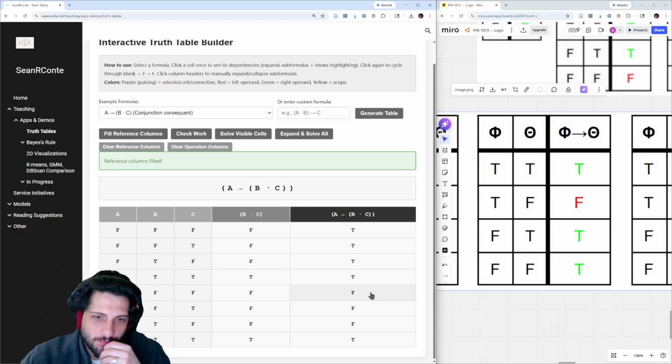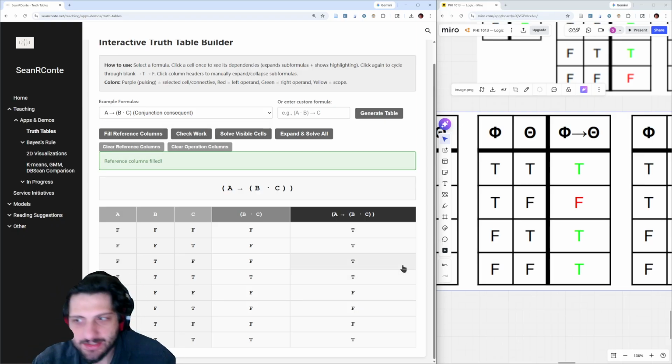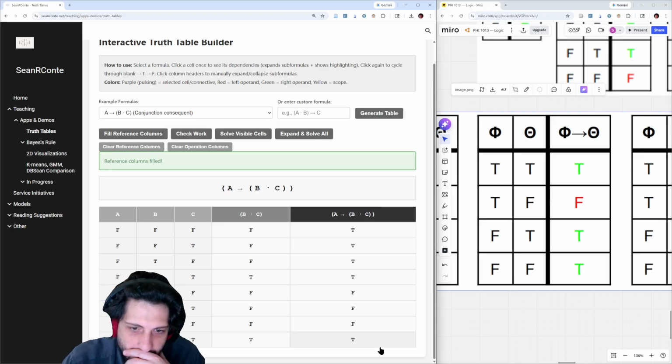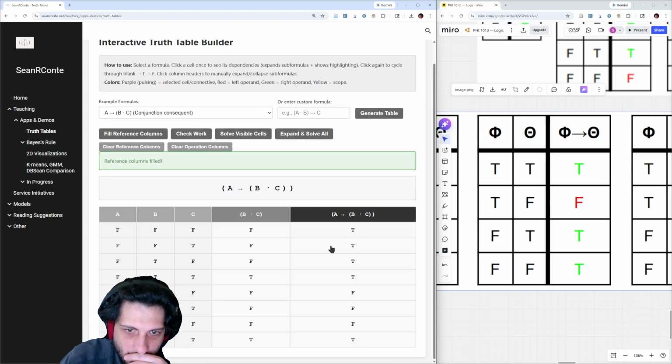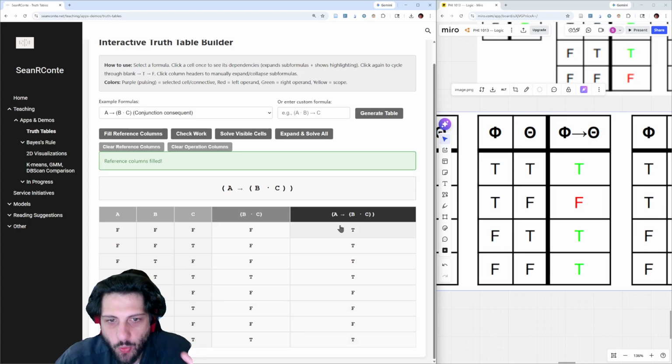Okay, so that is the complete truth table for this statement. What we can do now is look at this column right here. These values tell me exactly when this big complicated statement is going to be true and when it's going to be false.